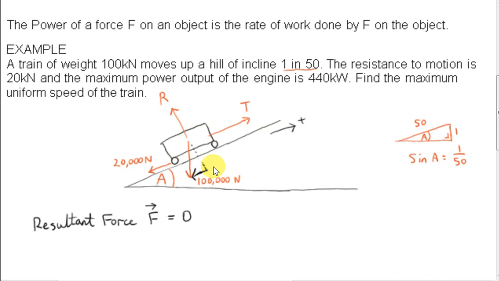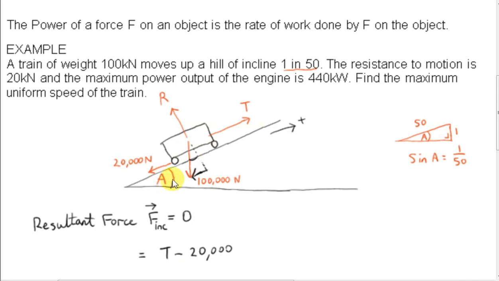They'll cancel out. So what do we get? The forces along the incline: we get plus T, because it's pointing in the positive direction, minus 20,000, minus this component here.